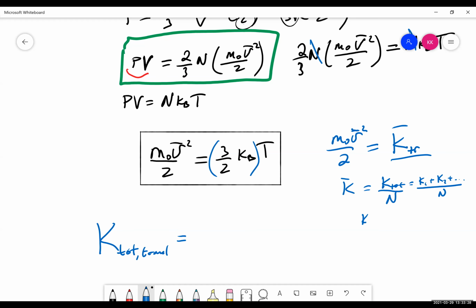That means the total translational kinetic energy is N times your average kinetic energy.